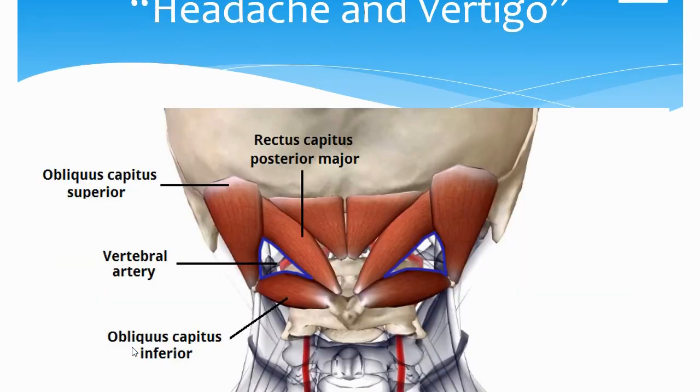Not only that, patients usually have headaches, and vertigo is also very common in neck injury and head injury. And here are the muscles called the suboccipital muscles. They are very important muscles to keep us balanced.